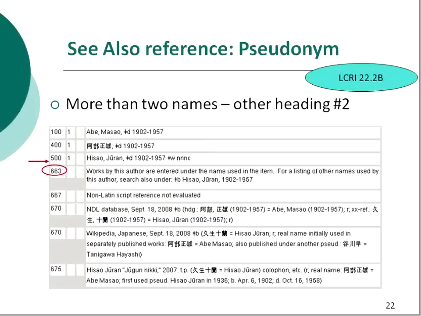This is heading number 2 of the other names. Again, pay attention to the arrow pointing to the 500 field. You notice both records are pointing back to the basic heading. So this is the situation where 500 fields can be the same in different authority records.